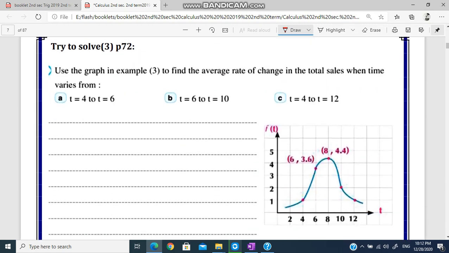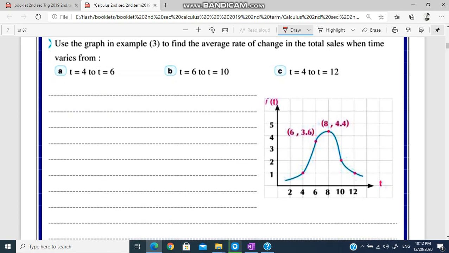Let's move to page 7. Use the graph in example 3 to find the average rate of change in the total sales when time varies from t equal 4 to t equal 6.